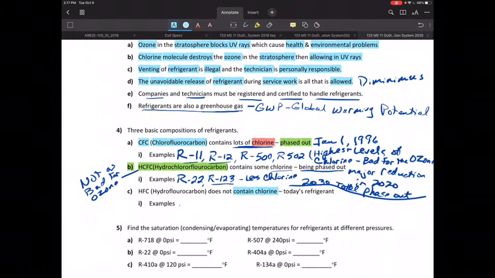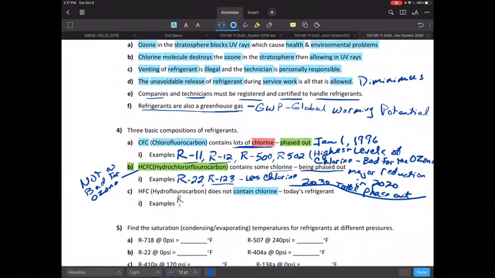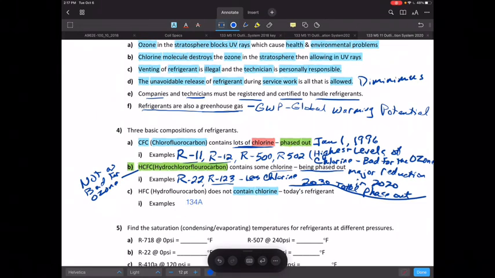Most of the refrigerants that are used nowadays are actually HFCs in current equipment. I'll give you an example: R134A is one example.